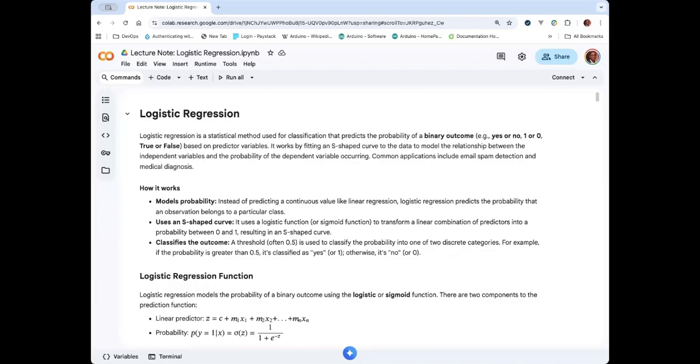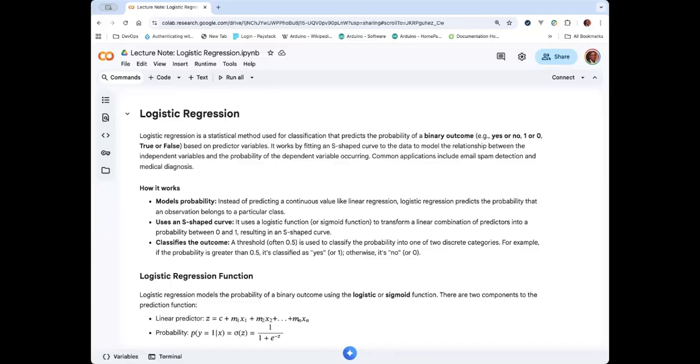Okay. And of course, the third thing is that it classifies the outcome. So this is what we mean when we say classification. A classification task is basically a task where you are going to classify the probability into one of two discrete categories, right? Like we have said.